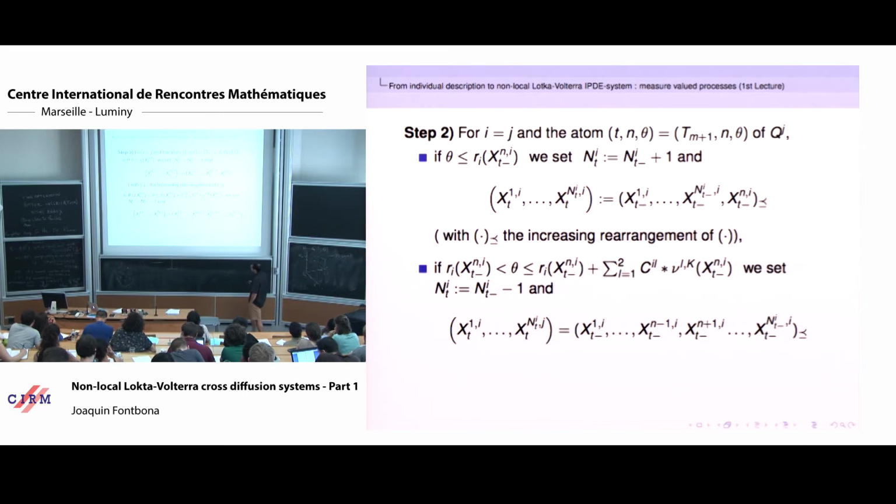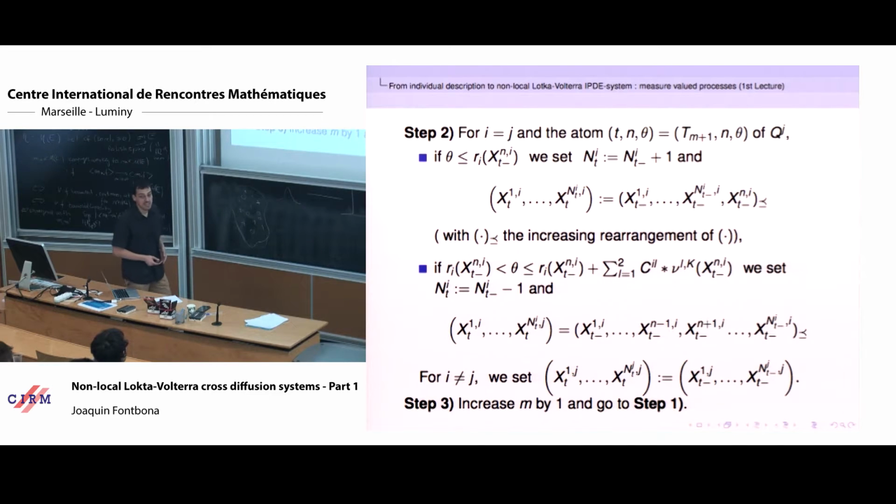And in that case, we remove one individual from the vector of positions. So here I have n minus 1. So n is the individual who is affected by this event. So I remove it from my vector, and I then rearrange this again. Okay. So that is what I do when the population which is affected by the demographic event is the same as the one I'm looking at, index I.